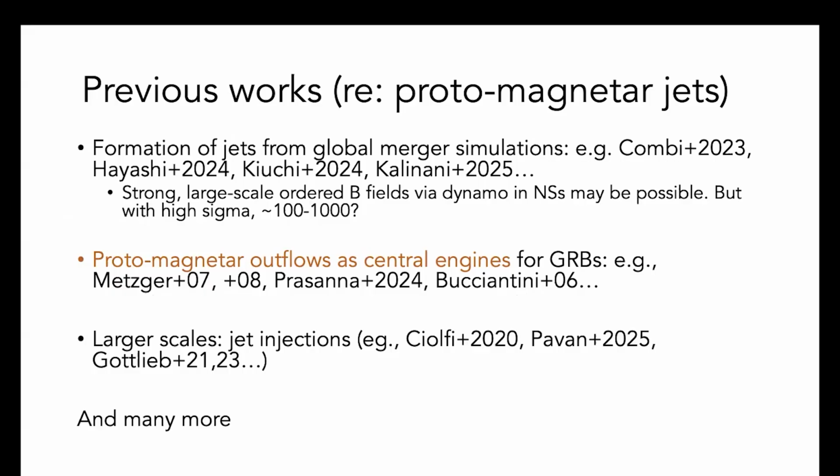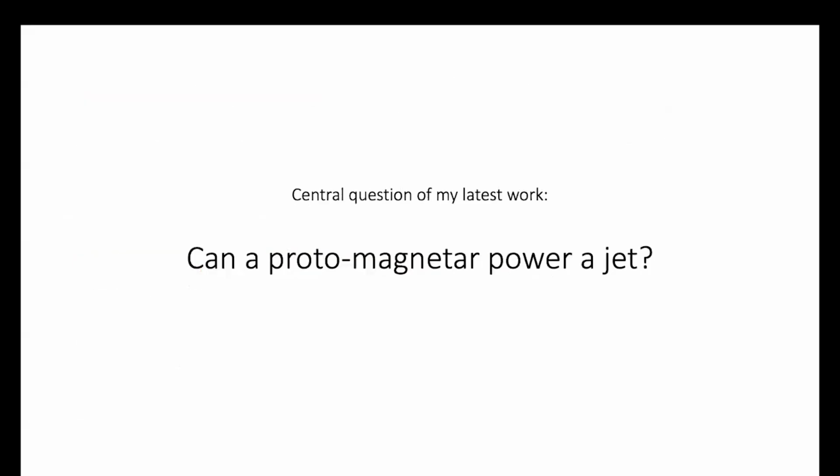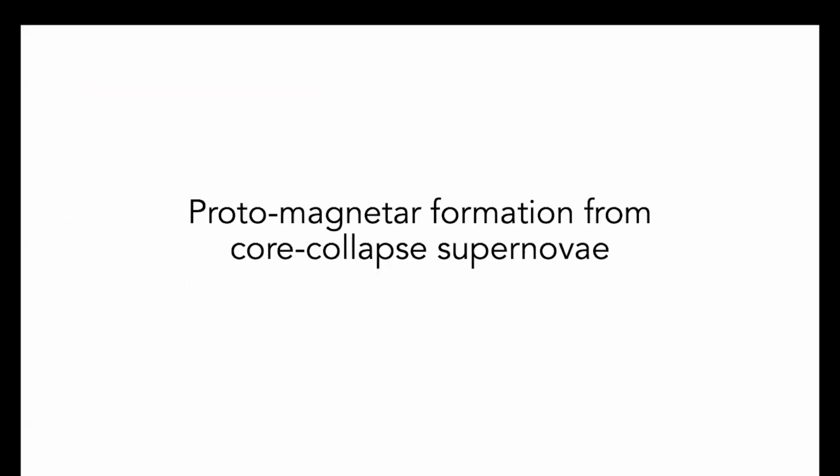And then assuming you have these jets, people have taken some angular profiles and injected them onto larger scale simulations to look at how the material accelerates, as I alluded to before. But again, that's not the focus of my work. So this is a central question of my work. Can a proto-magnetar power a jet?